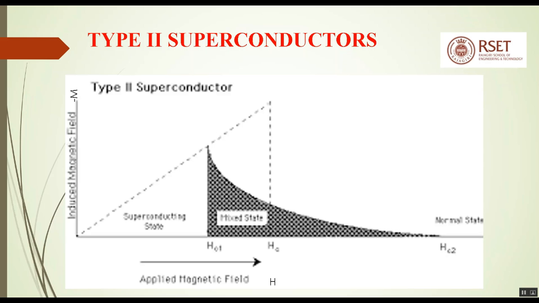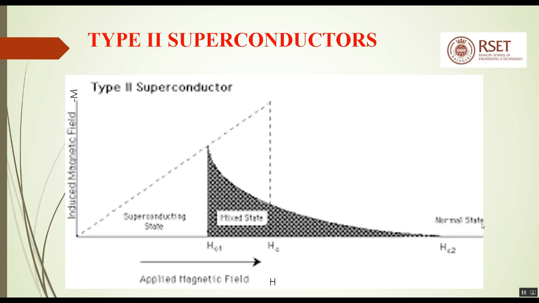Thus the mixed state spreads over the entire region gradually, and if you further increase the magnetic field value, almost the entire specimen will allow magnetic flux lines to pass through it. The specimen will completely change to a normal conductor.